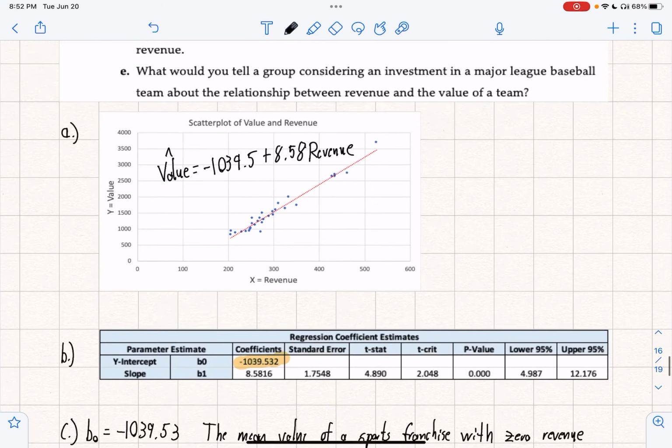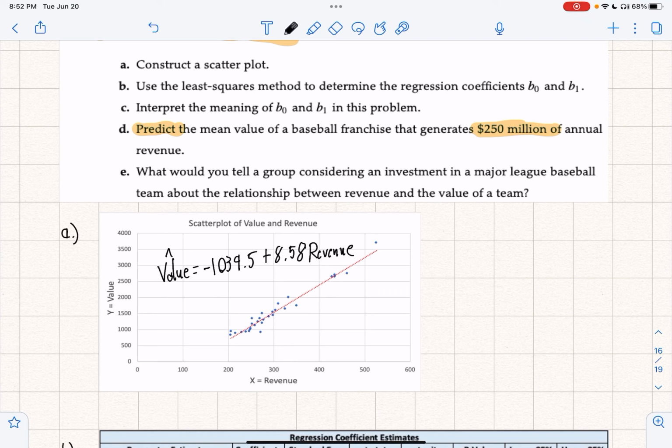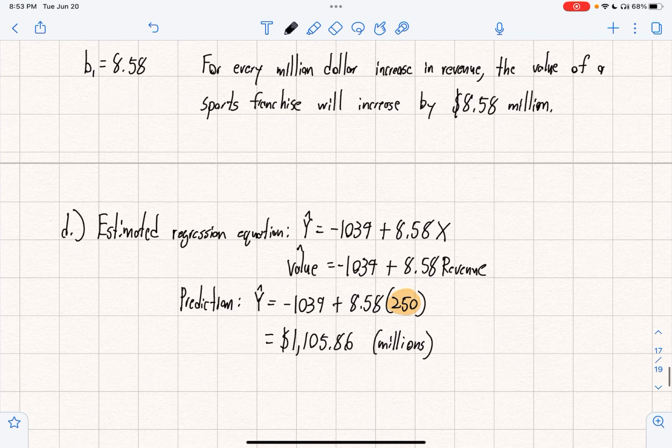Okay, let's do part E now. What would you tell a group considering an investment in a Major League Baseball team about the relationship between revenue and value of a team?